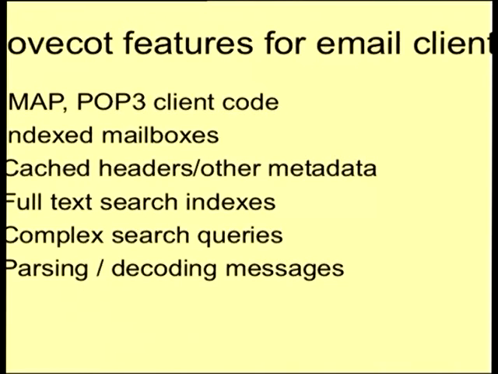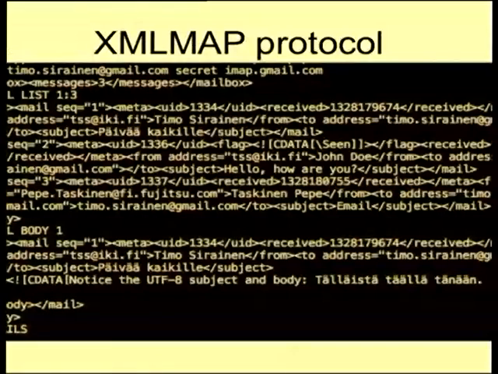So basically, you can do the same thing automatically if you develop an email client with Dovecot. And full text search indexes. IMAP has really great search queries. You can use them as well, and other stuff.